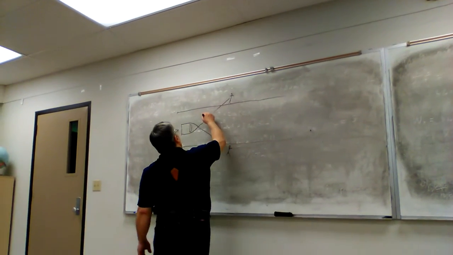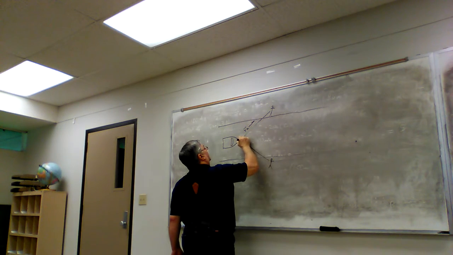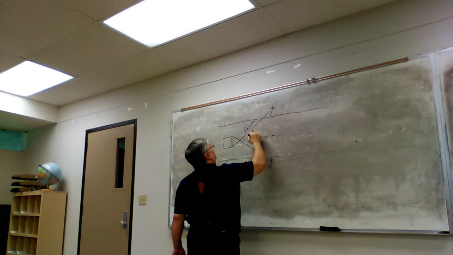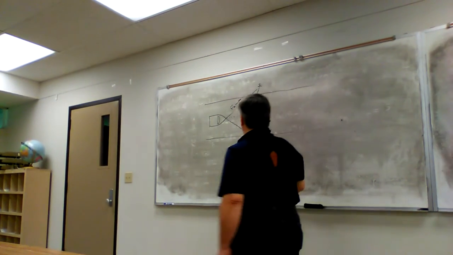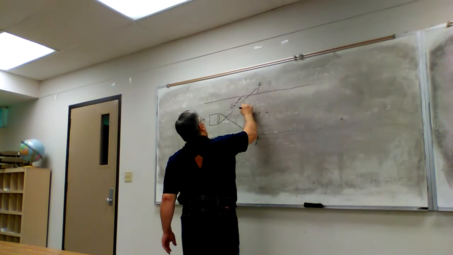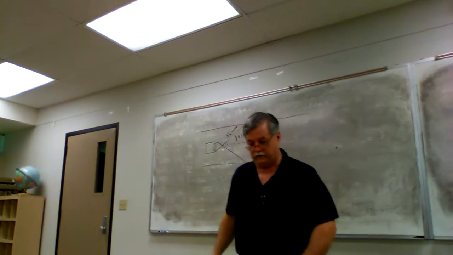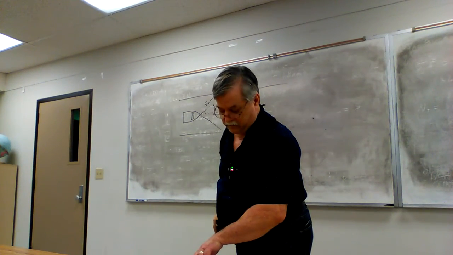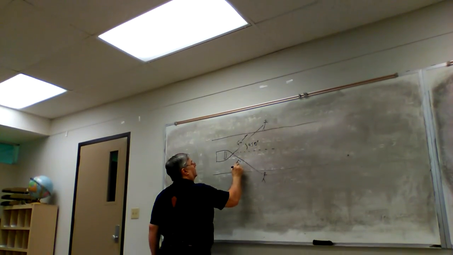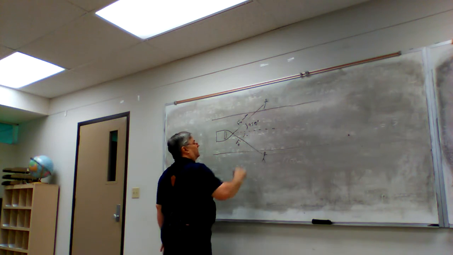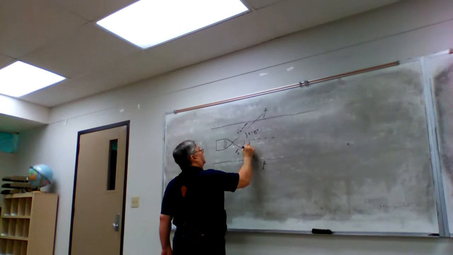Now this one, force of A, is at an angle of what, 45.0 degrees. The second one, F sub B, is at minus 37.0 degrees.